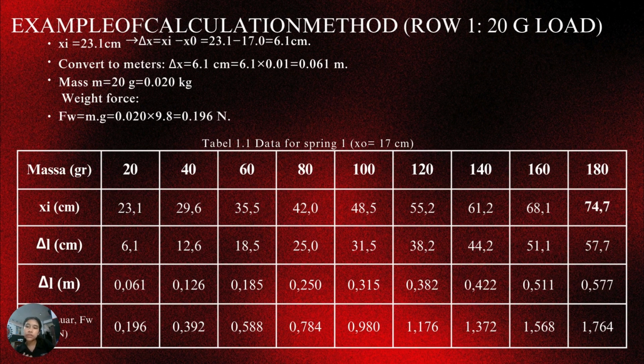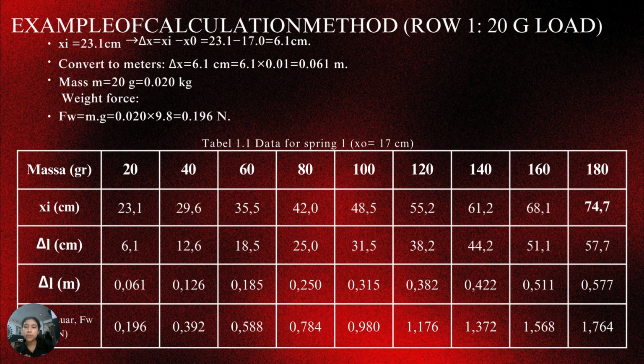Next, we need to convert this value into meter, because it's physics, we always use SI units. 6.1 centimeter multiplied by 0.01 equals 0.061 meters. The mass of the load is 20 grams, which we convert to kilogram by dividing by 1000. That gives us 0.02 kilogram.